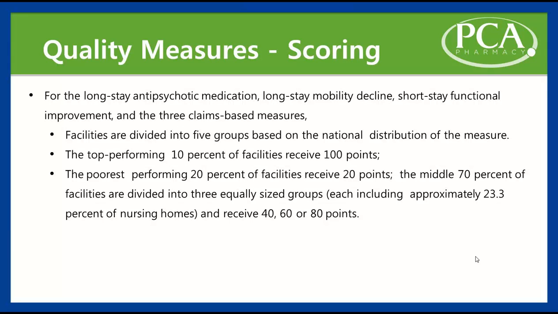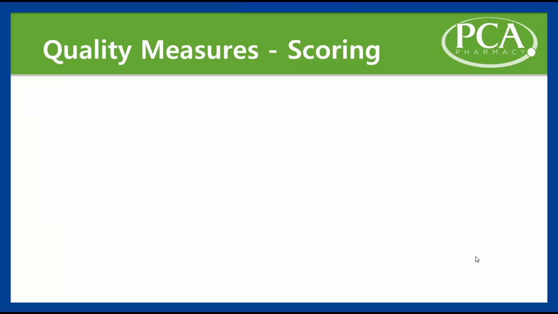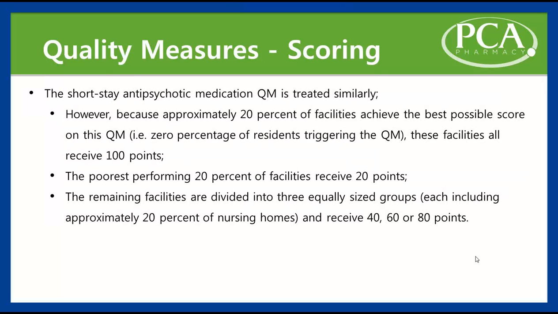The middle 70 is divided into 3 equally sized groups and receive 40, 60, or 80 points. These were added to the 5-star system in February of 2015. The short stay antipsychotic medication quality measure is treated very similarly. It was also added in February of 2015.